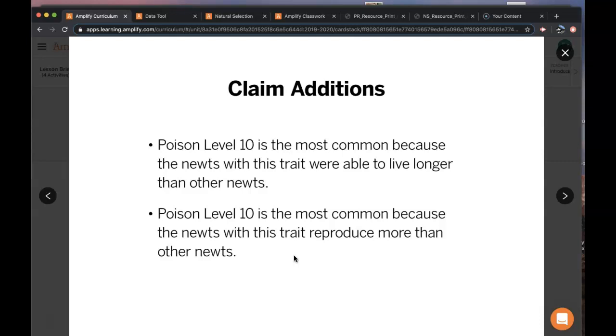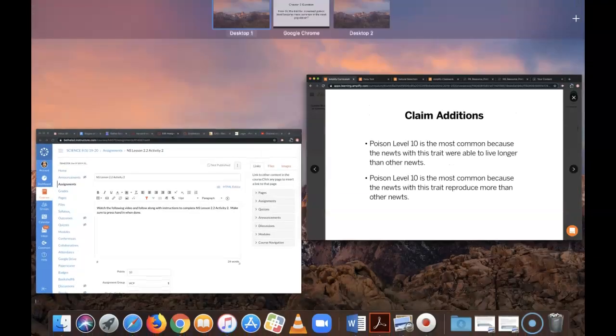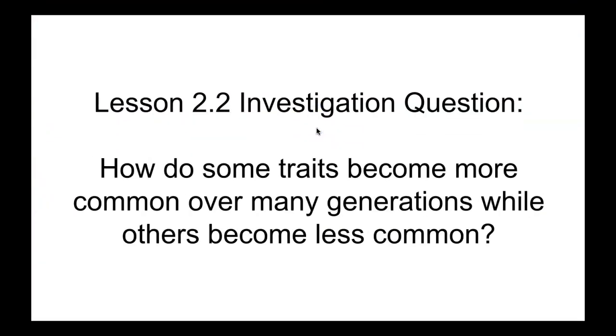Each of these ideas builds on the claim we decided to support at the end of chapter 1, but now we need to figure out which one is best supported by evidence. To be able to support one of these claims, we need to understand why traits become more common in a population.